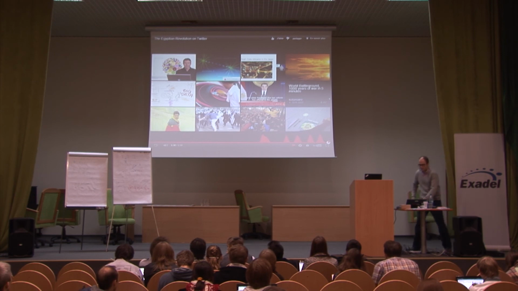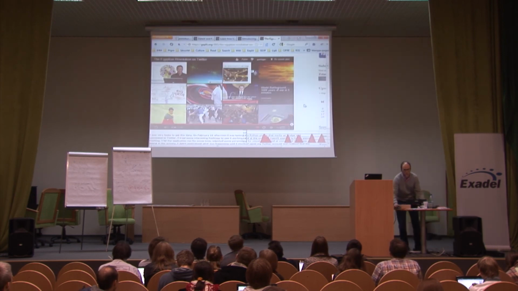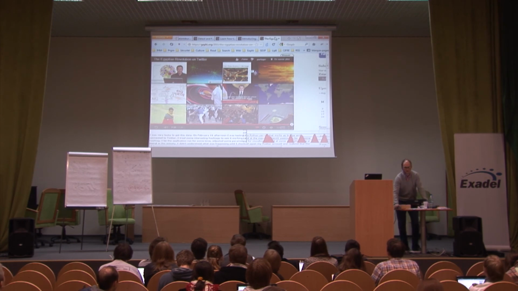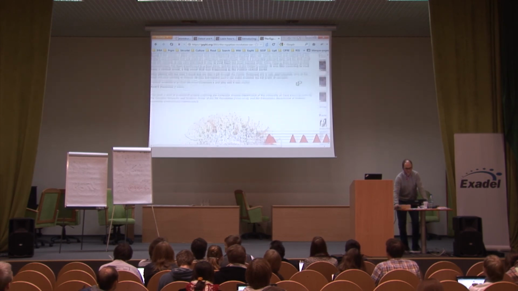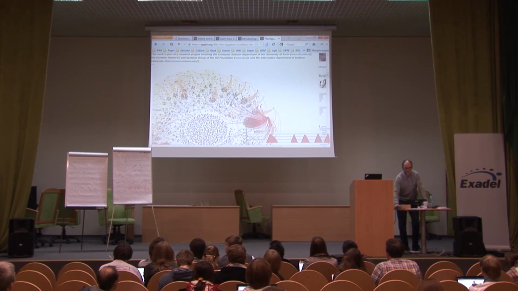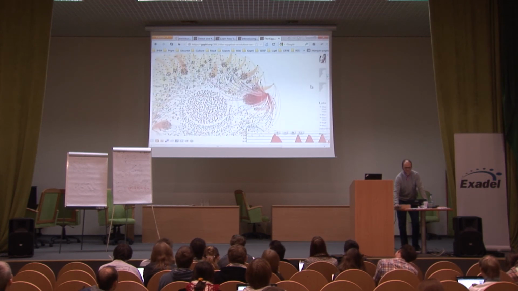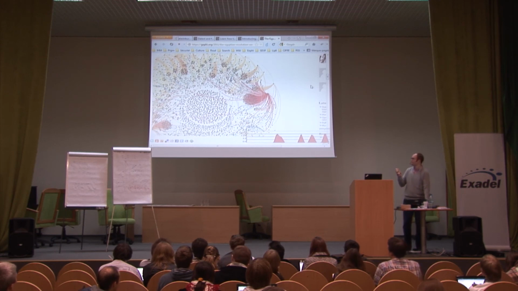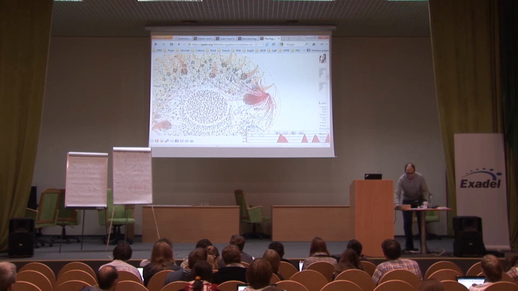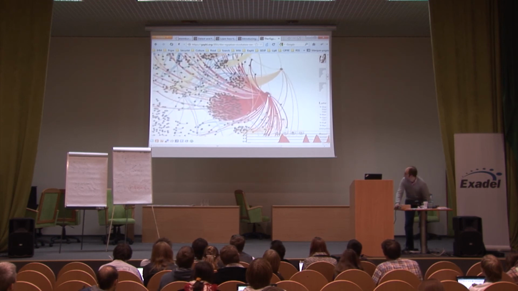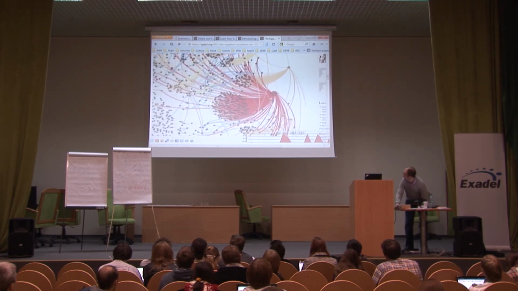Do you know how many times this video was watched on YouTube? More than 100,000 times. People loved it. But why? It's not a good visualization of a network. It is totally disconnected. Here there is a zoomable visualization.